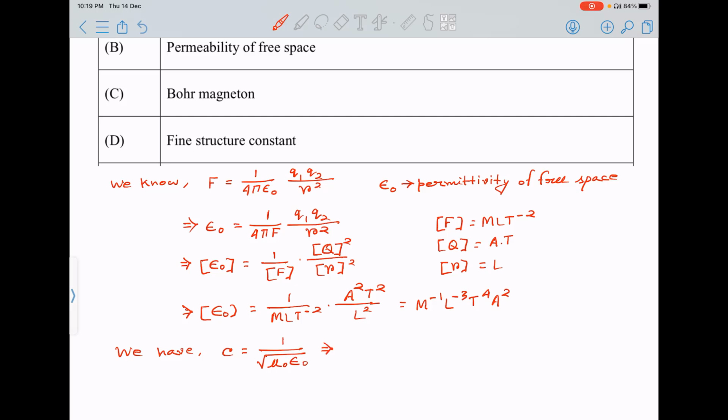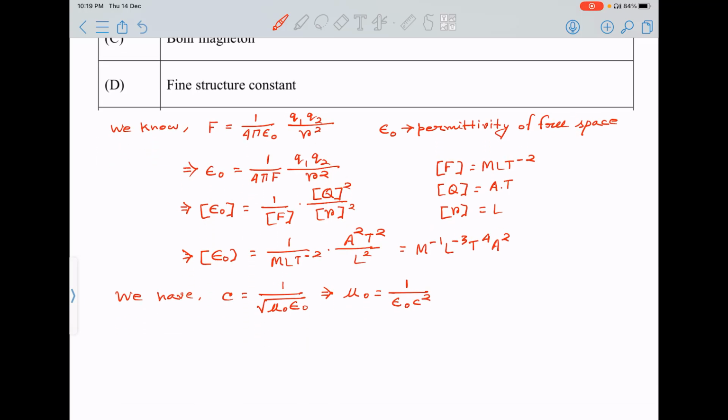This implies mu naught equals 1 upon epsilon naught c square. Here mu naught is the permeability of free space. So the dimension of mu naught would be equal to 1 upon the dimension of epsilon naught times 1 upon the dimension of c square.